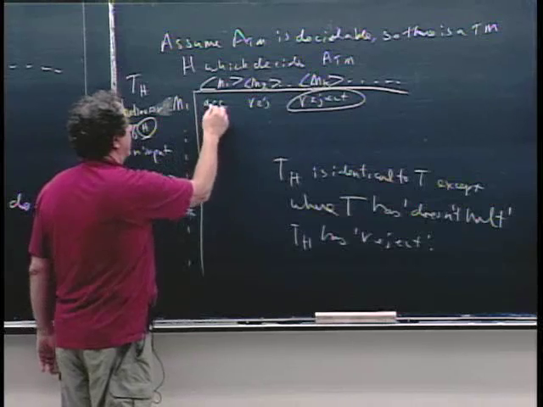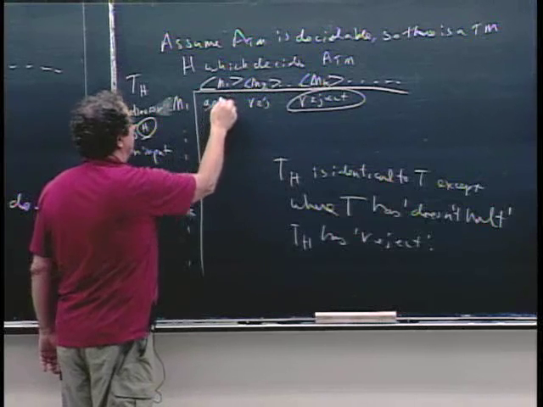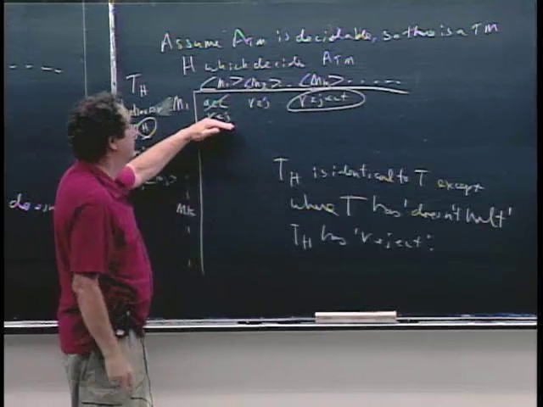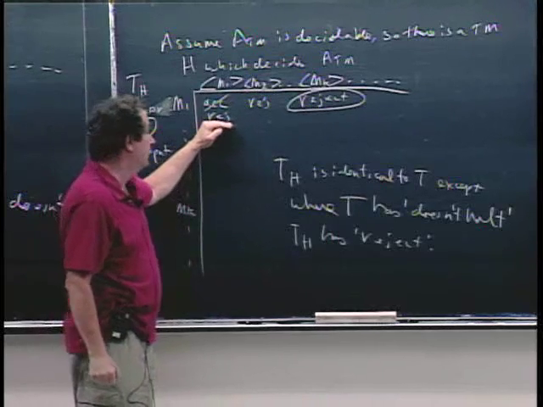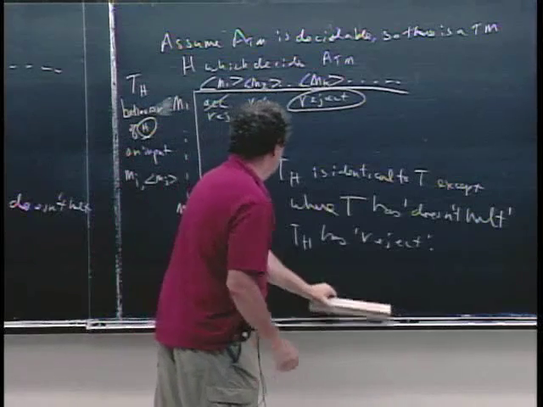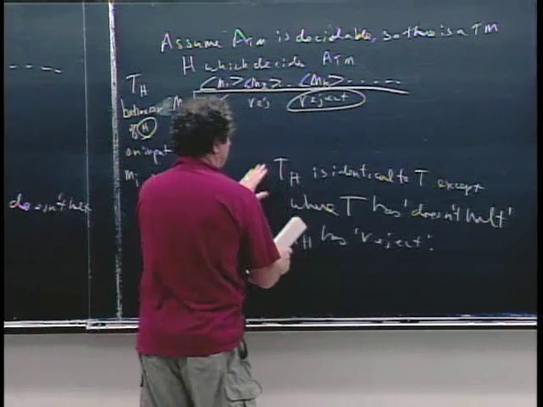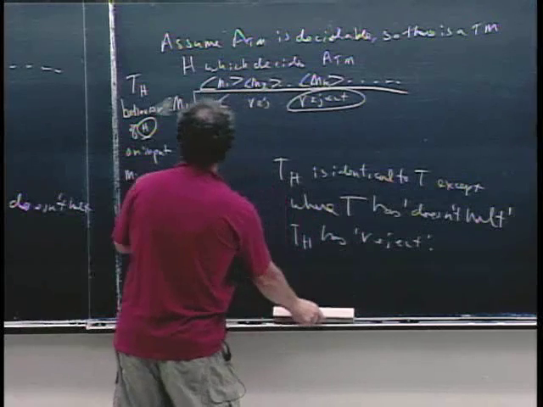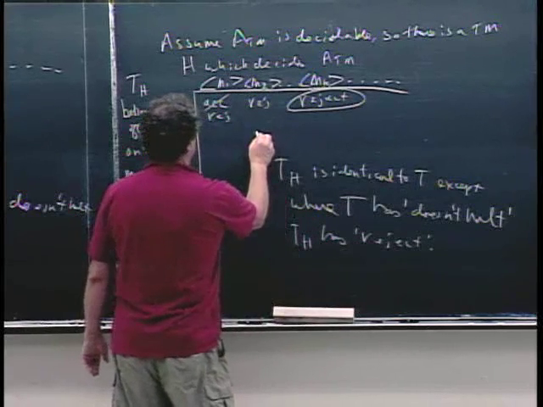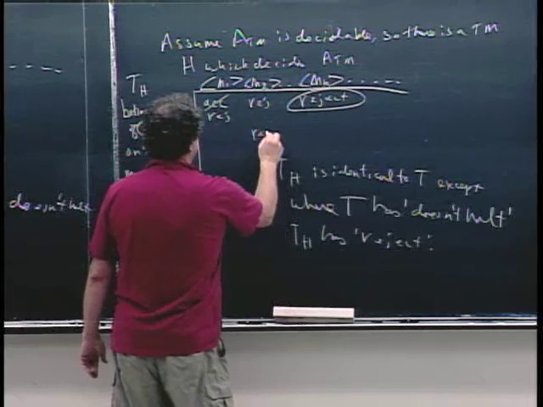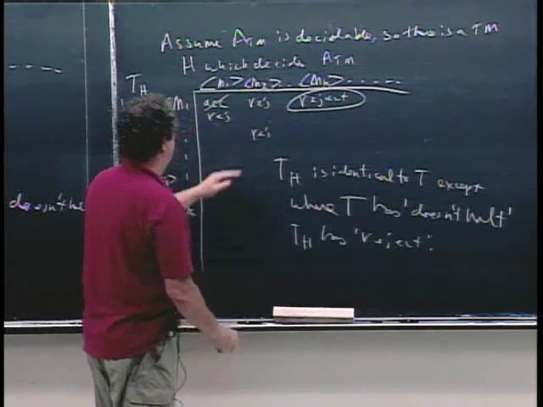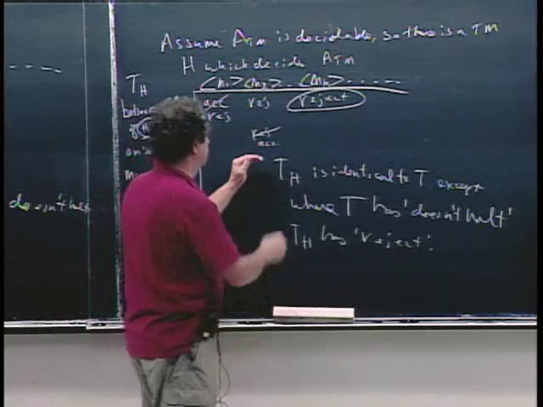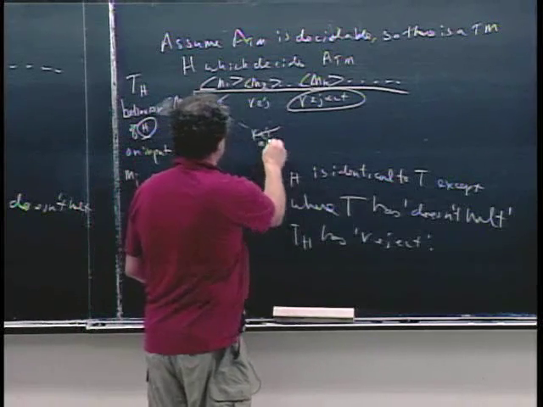So on that particular input, since H was an accept, D will be a reject. Let's say the next one along the diagonal was a reject. Then what D will do is accept, and so on, all the way down the diagonal.